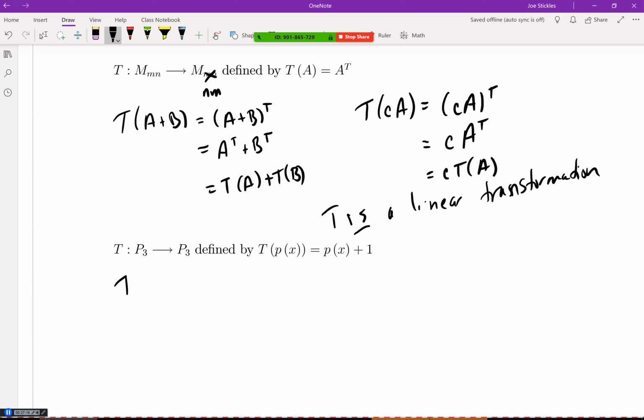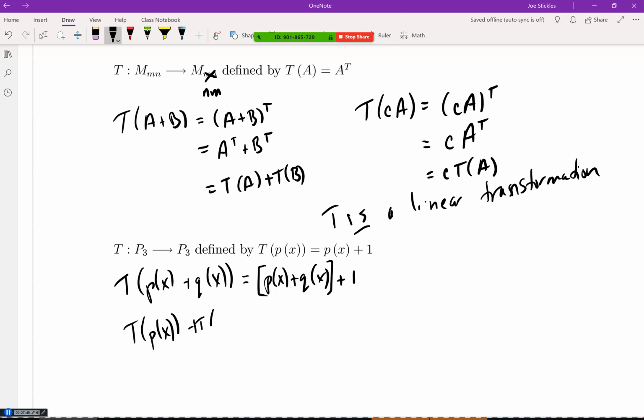Well, I think we're going to run into issues right away with trying to do this for the sum of two polynomials. This would say take the input, which is p of x plus q of x, and add 1 on the end. That's what the formula says to do.